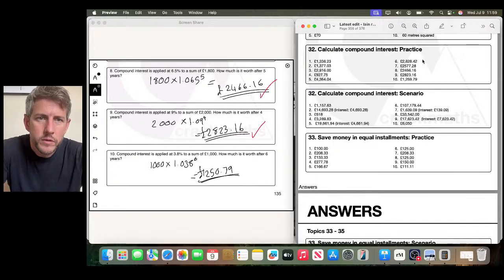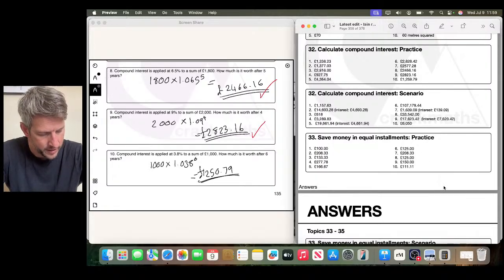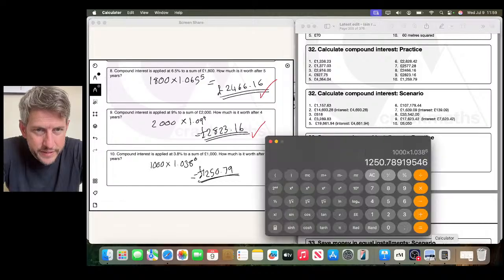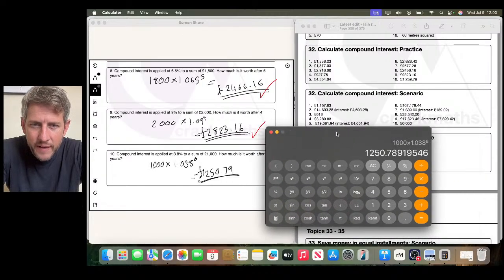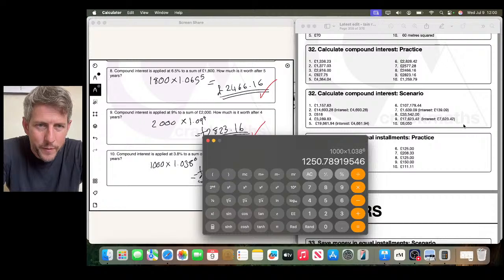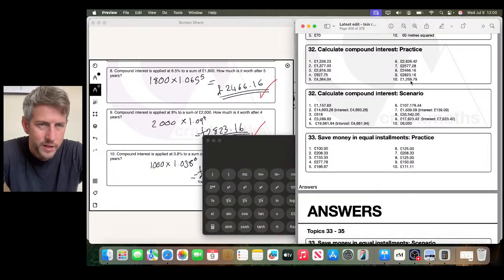Ooh, we've got 1,259 here. I've written down 1,250. Let's see. The calculator is 1,000 times 1.038 to the power of 6. Yeah. Okay, that's a typo here. Yeah, that's good. Good that we've caught that. Question 10, and that's on page 358.